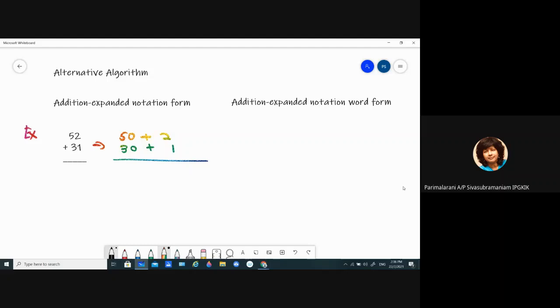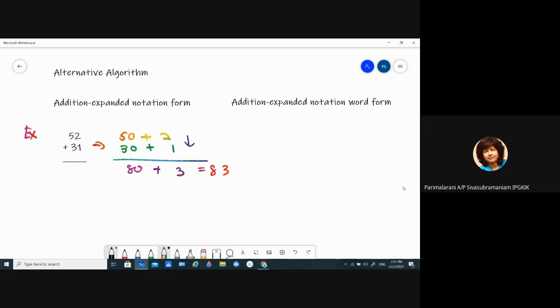Then you add this way. You add down like this. 2 plus 1 is 3, plus 80, which gives us 83. This is an algorithm based on expanded notation. We separate the numbers out into the tens and ones, into their place values, and then we add.